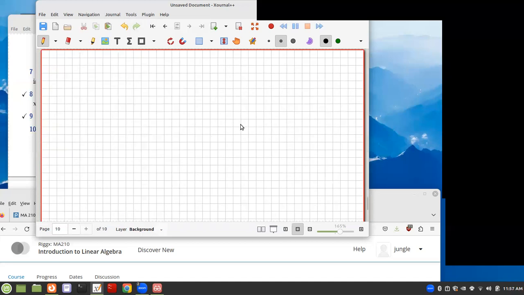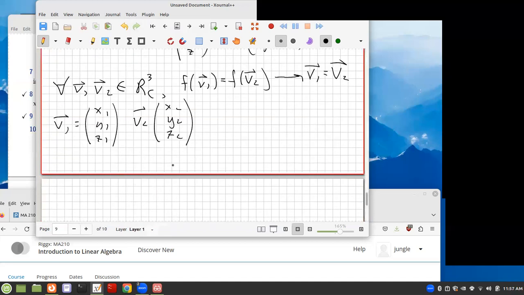And f(v2). So we want to look at this condition here. Let's suppose f(v1) equals f(v2), because to check whether it's one-to-one is to check whether this conditional, this P implies Q, is true. Well, the way we show that this is true is by supposing that the condition is true, and then showing that this is true.